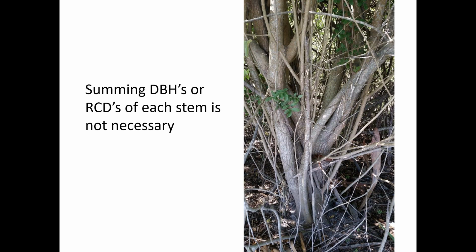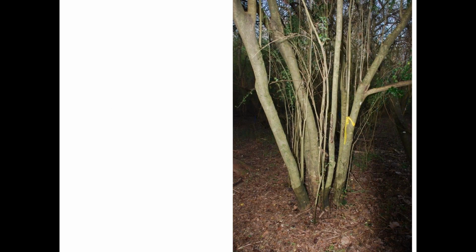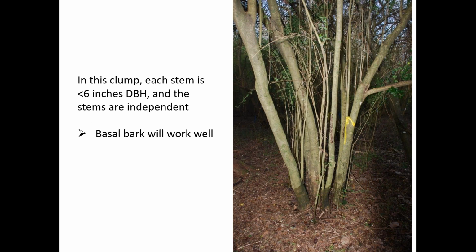However, when we start breaking down individual stem situations, we find that we can have some usefulness in these. So in this clump, each stem is less than 6 inches in diameter, and the stems are independent. So this is one of those examples where they're all emerging literally right at the ground level, and they haven't grown together, and this is a situation where basal bark will work extremely well.